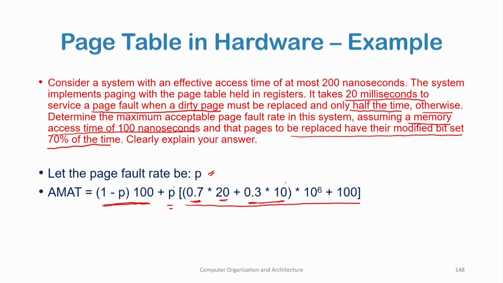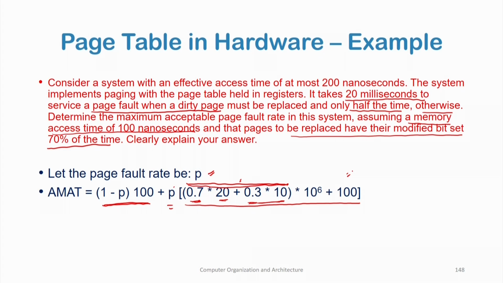So, the effective time that is required to service the fault is this. To bring back whichever page I need into memory, I need this, and then I need to access the memory again to get my data.